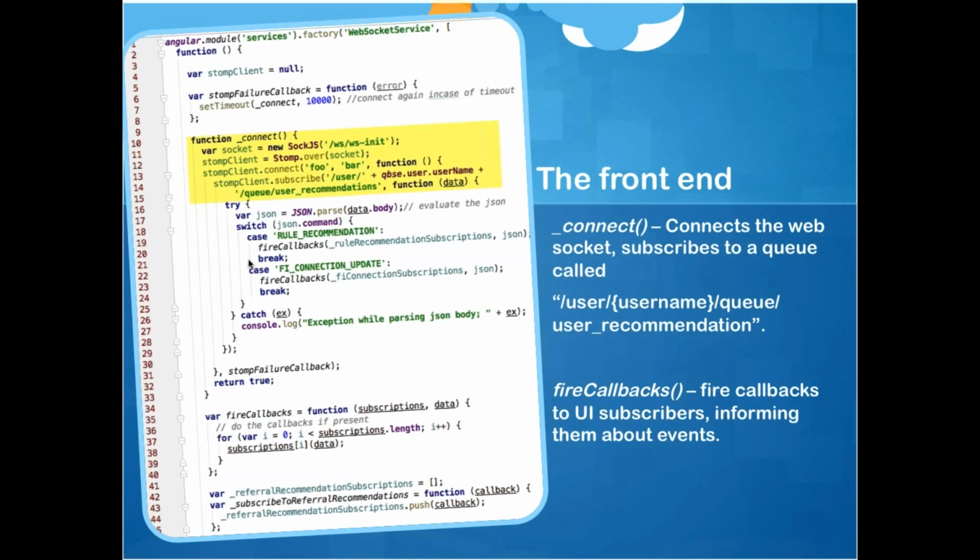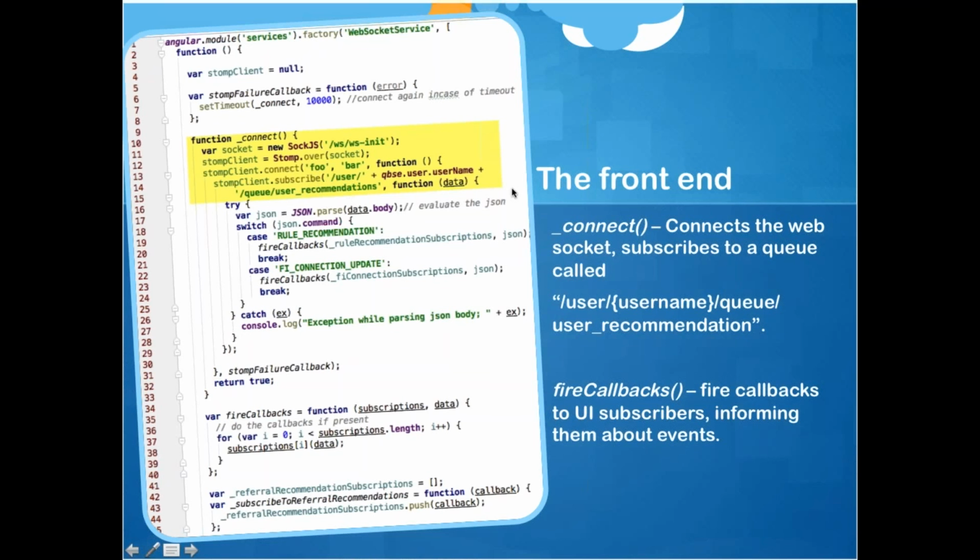For example, the rule recommendation event: we can have multiple pages subscribing to this particular event, and if any of these pages are live or shown to the user, they will get that particular recommendation callback. That's this piece of code right here. But the main thing happening here is connecting to a WebSocket and then subscribing to a queue. That's the one highlighted in yellow.